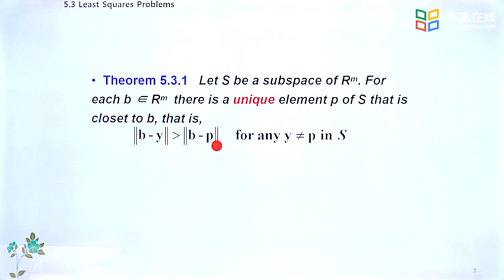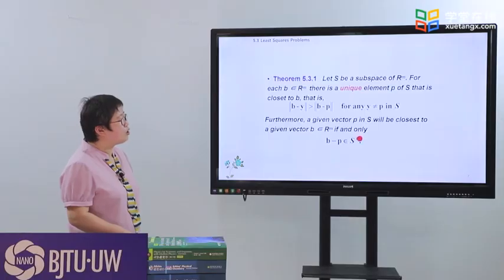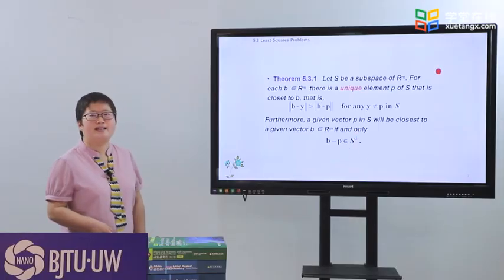So this p is the unique element that is closest to the given vector b. Furthermore, a given vector p in S will be closest to a given vector b belonging to Rm if and only if b minus p belongs to the orthogonal complement of S.